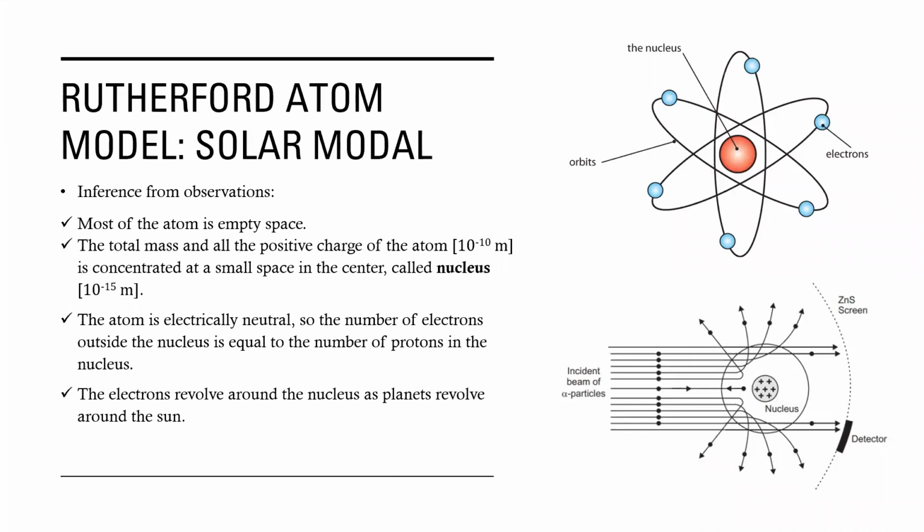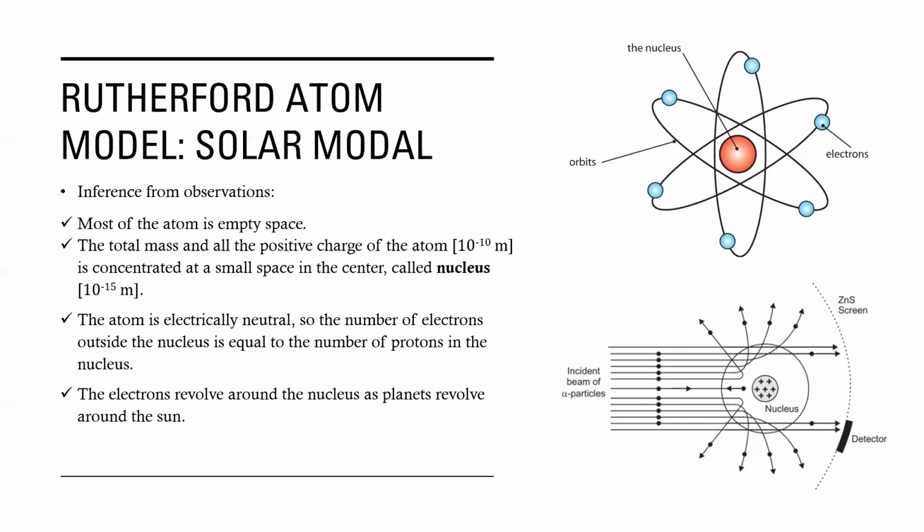If the diameter of an atom is around 10 raised to minus 10 meter, that is about 1 angstrom, then the diameter of the nucleus will be around 10 raised to minus 15 to 10 raised to minus 14 meters. I have just mentioned here 10 raised to minus 15 meter. So it's called 1 Fermi. So if the diameter of an atom is around 1 angstrom, the diameter of the nucleus will be only 1 Fermi.